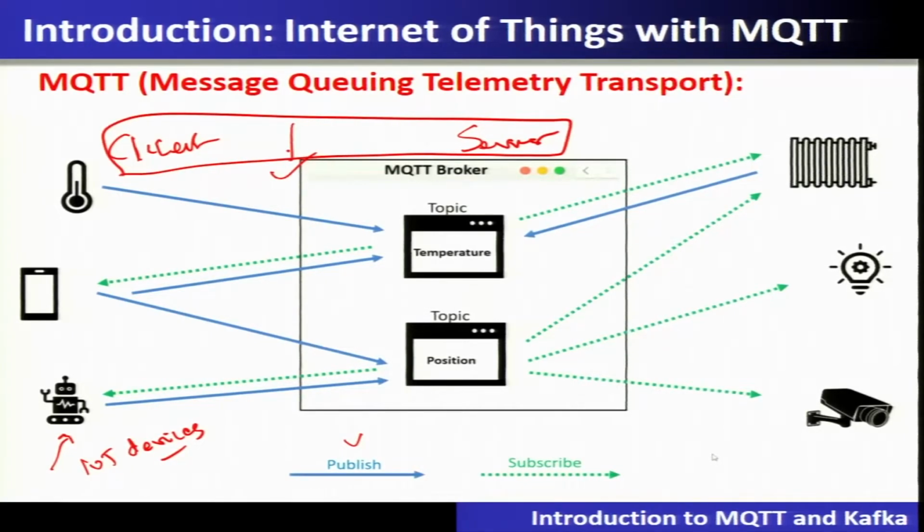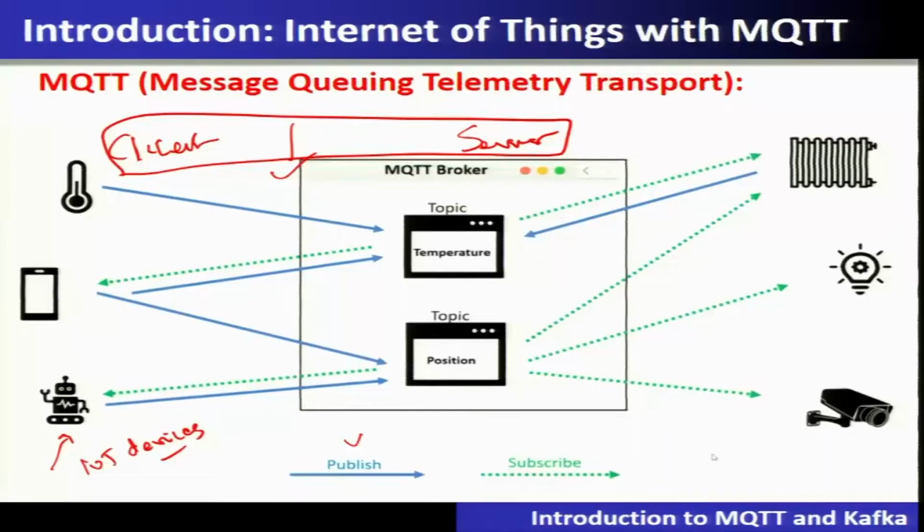When you say server, obviously the MQTT broker has a good amount of resources as far as computing and storage are concerned. On the other side, the consumers or the end users of these messages use the operation called subscribe. So the consumers will subscribe to these particular messages.